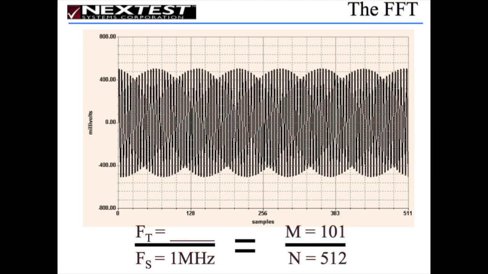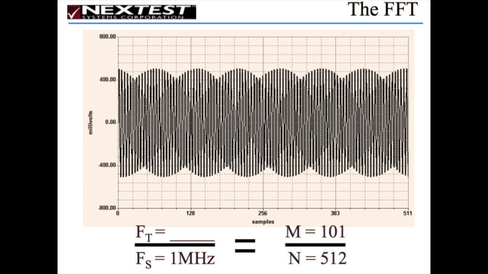Here we pushed M up to 101, so believe me, there's 101 cycles of the fundamental in this waveform. And again, that really interesting waveform pattern that you see there, that's just an artifact. Don't worry about that. Okay, F sub S is equal to 1 megahertz. M is 101.